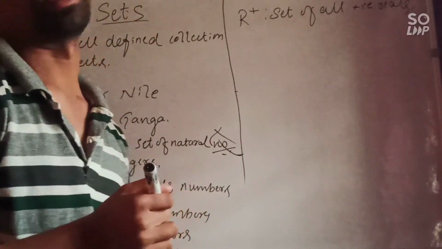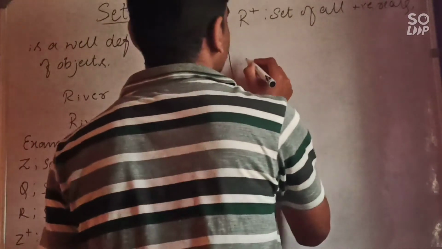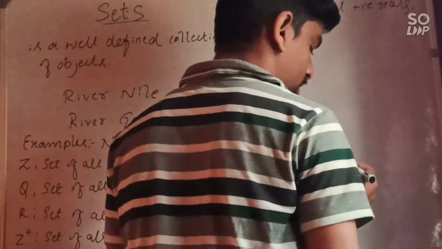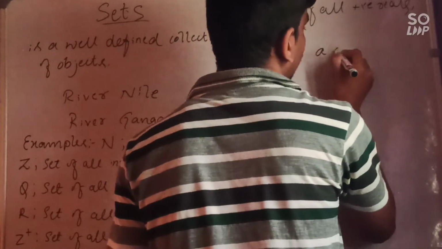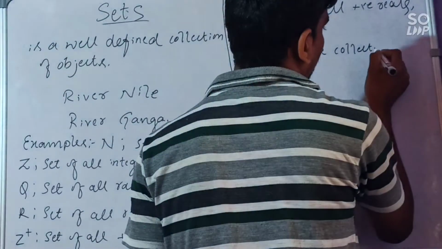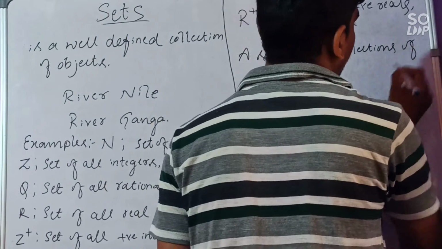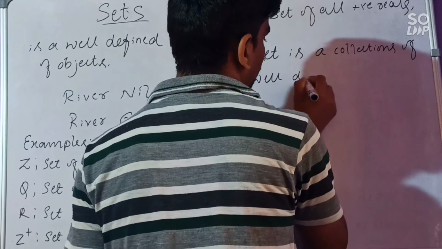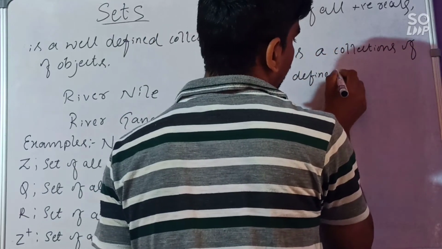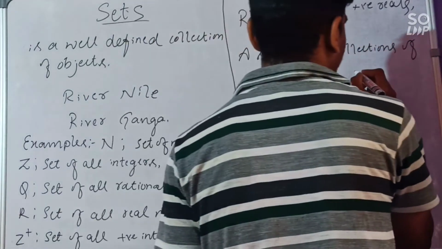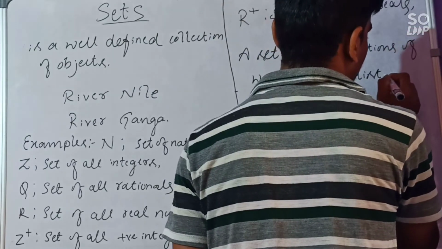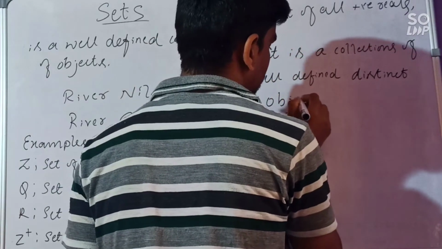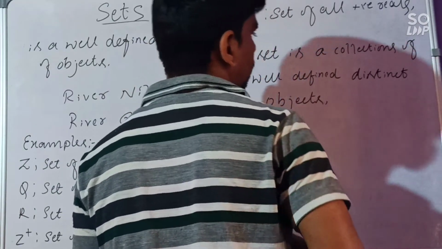A set is a collection of well-defined distinct objects.